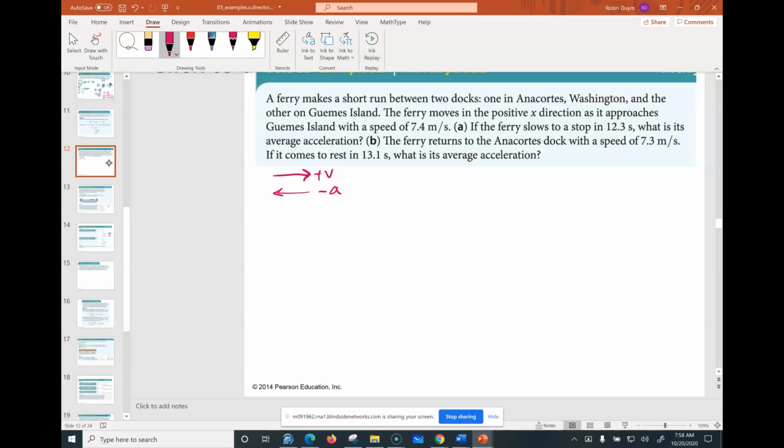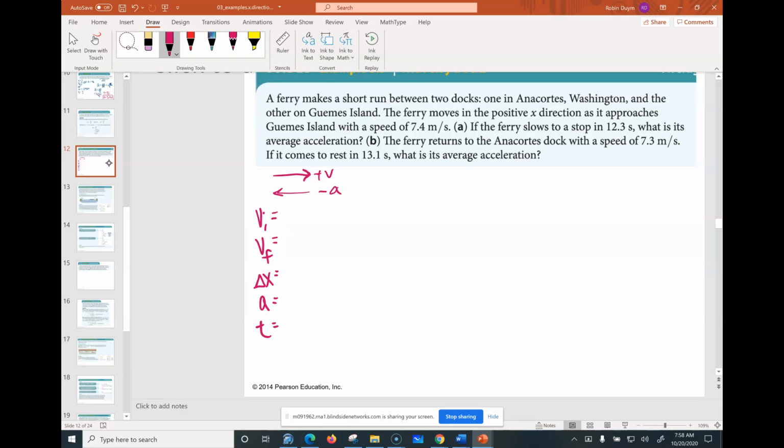That's for part A. Go ahead, pop in your 5 variables and try it out. The 5 magic variables are VI, VF, delta X, a, and t. So far, none of our problems have even looked at displacement, and that's okay.